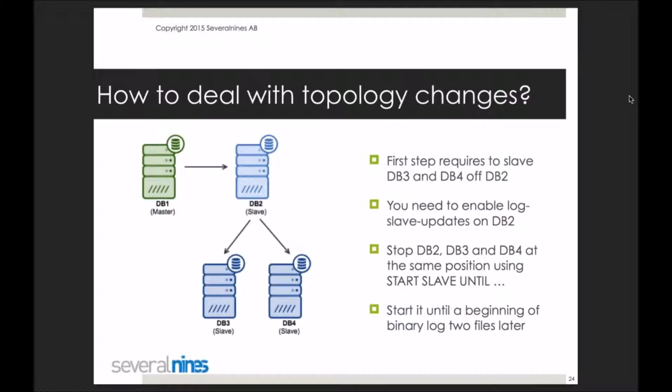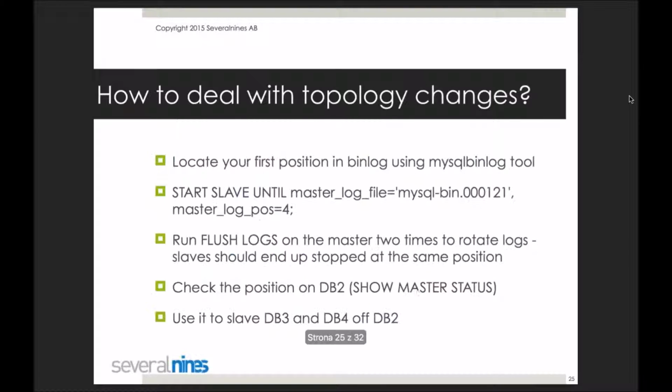So we run START SLAVE UNTIL, then we run FLUSH LOGS, and then we check the position of DB2, 3 and 4, make sure that they're on the same position, then find the position of DB2, and then slave DB3 and DB4 off DB2.